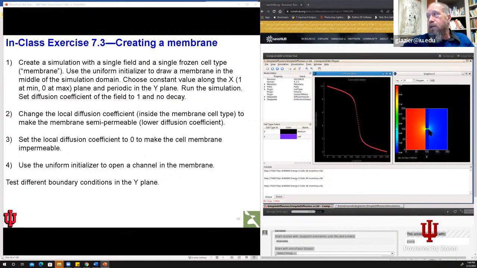I have the chemical leaking through, and I'm getting a hemispherical concentration on the right-hand side. And I have a depletion of the chemical just on the left-hand side of the hole. And so I can see what happens near an ion channel to concentration.